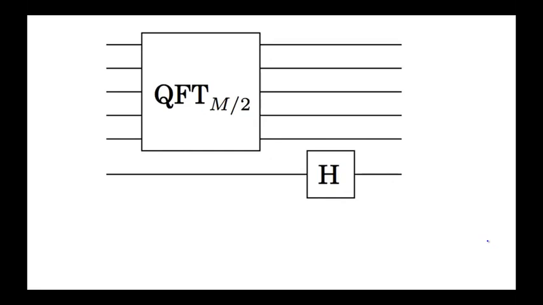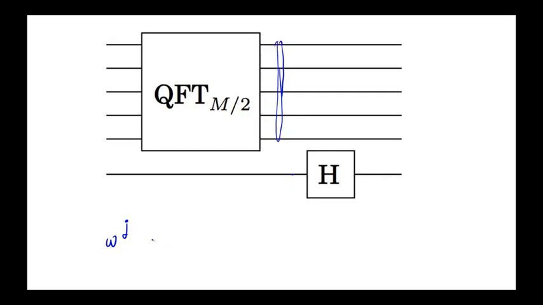And for the final thing, we want to apply the appropriate phases, right? So if the number on these wires is j, and if this qubit happens to be a 1, then we want to apply a phase of omega to the j. Okay, so how do you do that?